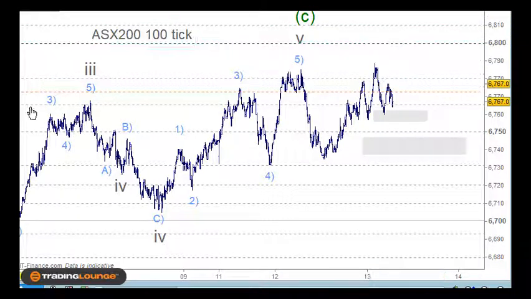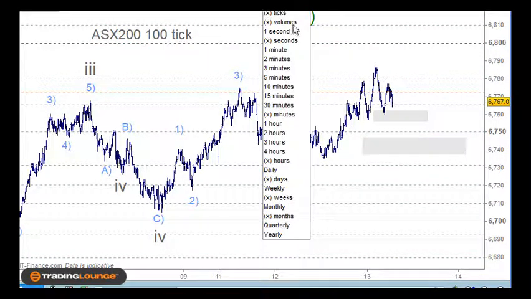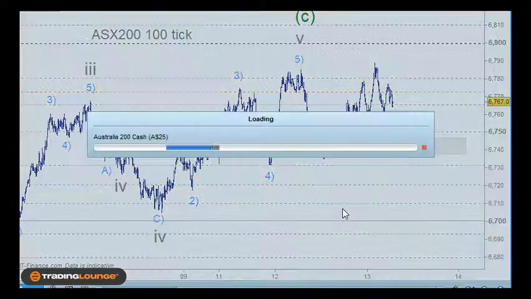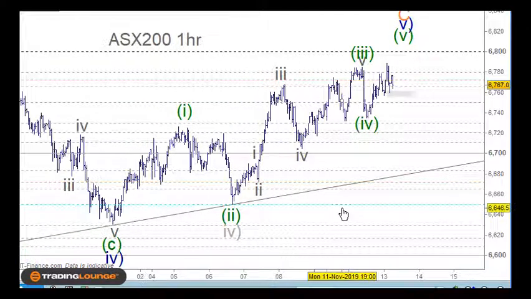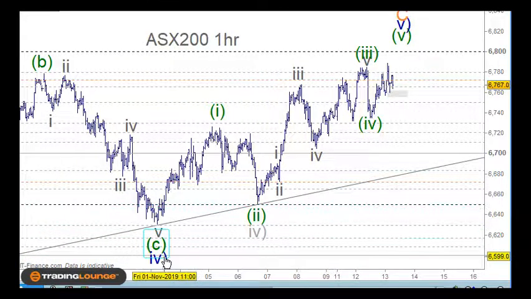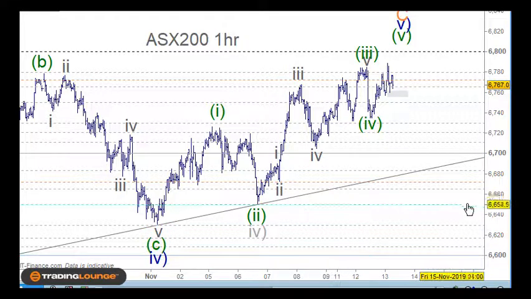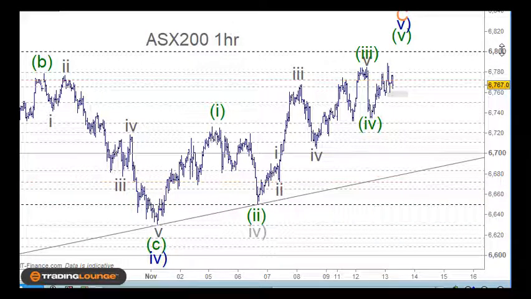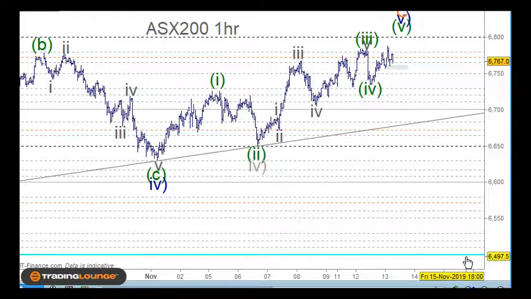Just to establish this count a little bit, I've looked at it like this on the hourly chart. From this low, the 6650, which is really important. It's halfway between two minor levels, a minor level 800 here, and the medium level 6,500, this one here.